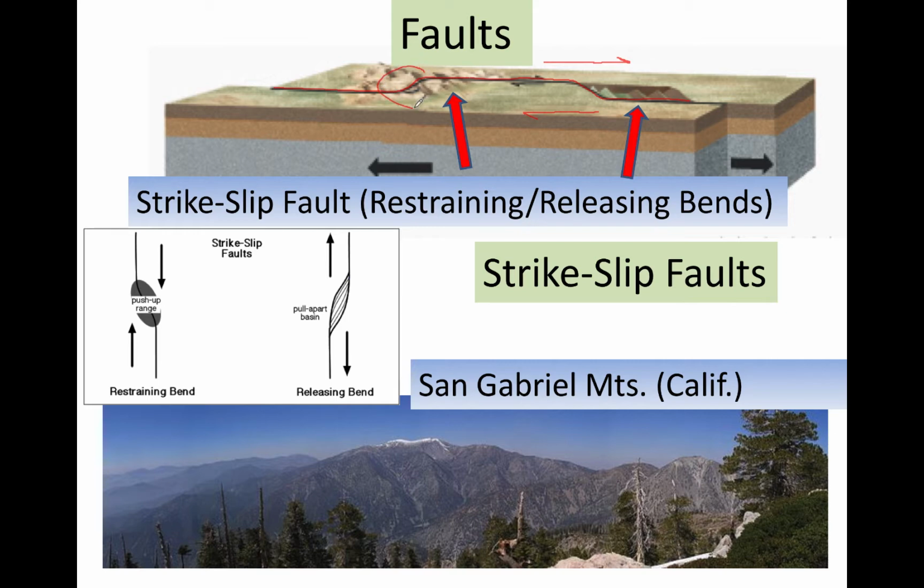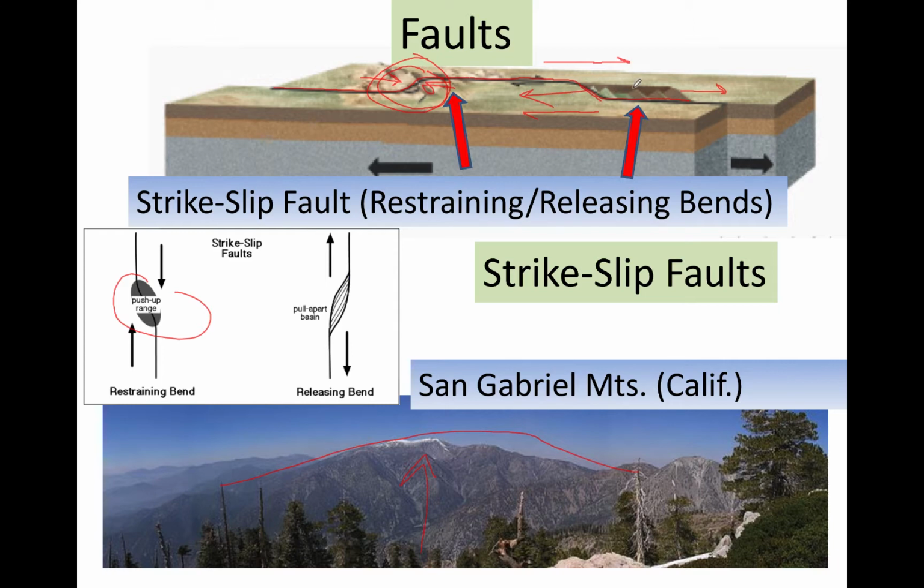Now in this area, the forces are not shearing, they become more compressional. When you have compression, you get mountains stacked up: thrust faults, reverse faults, that kind of stuff. The San Gabriel Mountains have been popped up in what we call a restraining bend of a strike slip fault. Where the bend flips the other direction, the forces are tensional and you end up with a releasing bend.